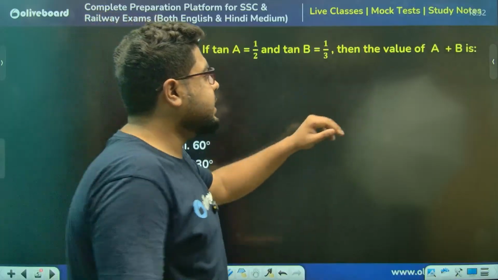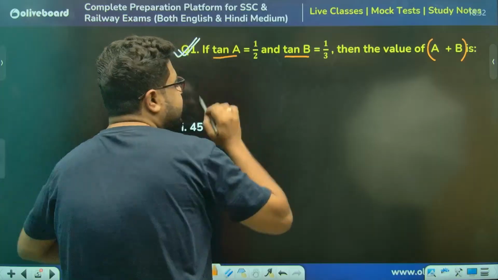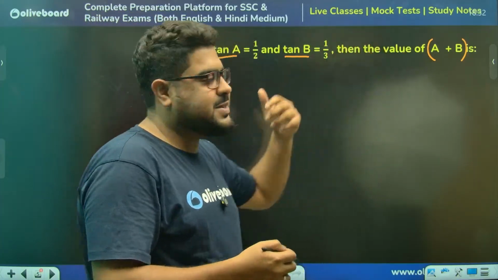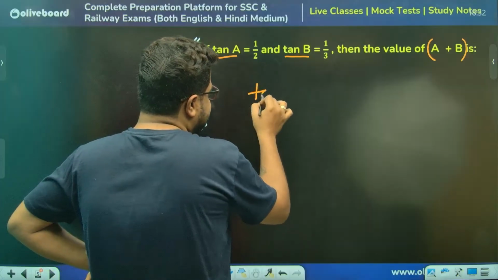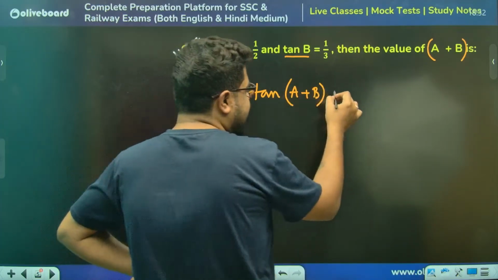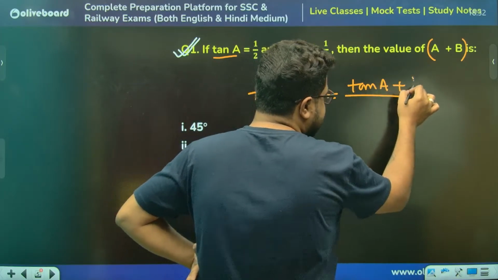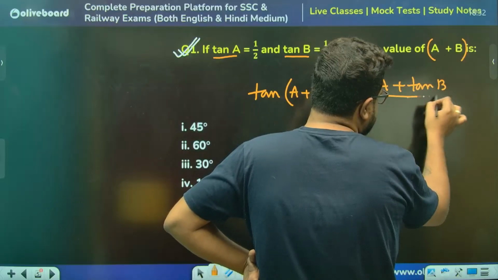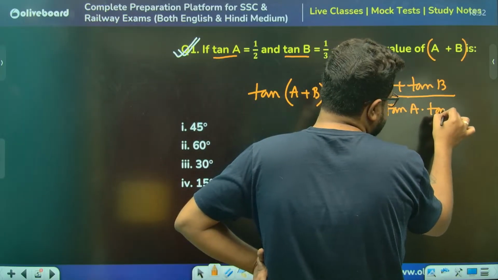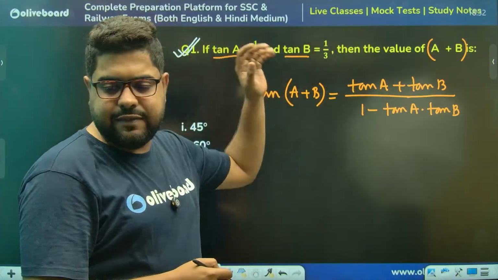They are asking the value of A plus B, and you have the value of tan A and tan B. So we can do only one thing: tan of A plus B. I know the formula: tan(A+B) equals tan A plus tan B, divided by 1 minus tan A into tan B. Tan A is given, tan B is given, so put the values.